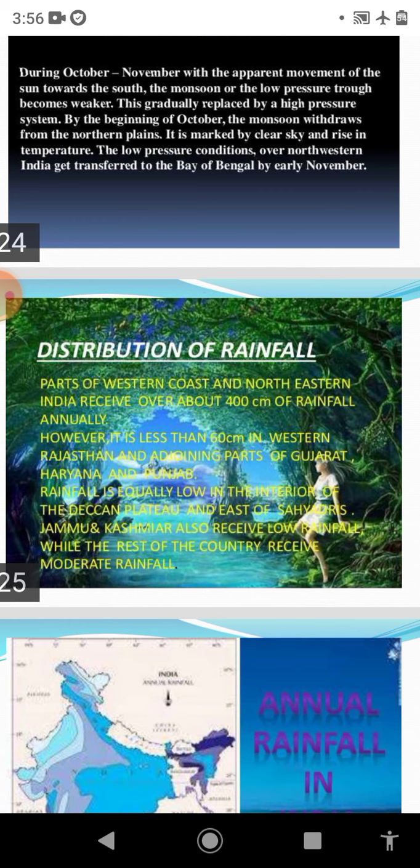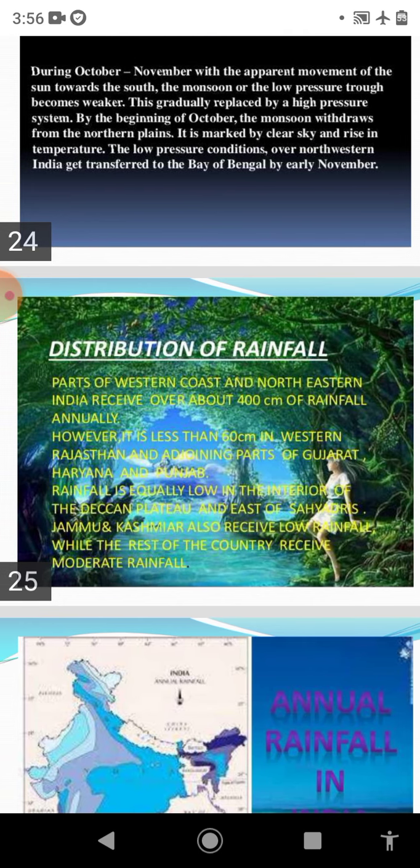Now let us discuss areas of heavy rainfall, that is above 200 centimeter: the southern slopes of the eastern Himalayas, Assam, West Bengal and east coast. Areas of moderately heavy rainfall, that is 100 to 200 centimeter: the middle Ganga Valley, the western Ghats, eastern Maharashtra, Madhya Pradesh and Odisha.